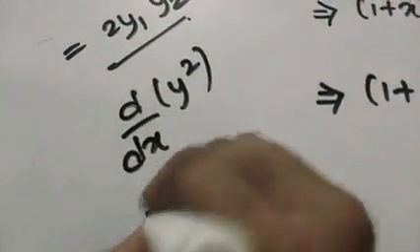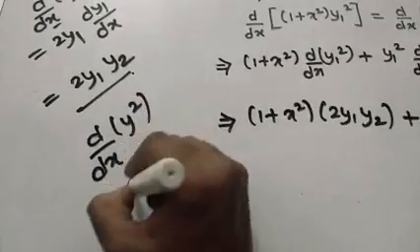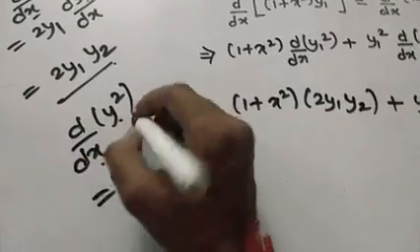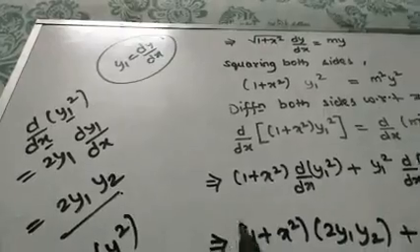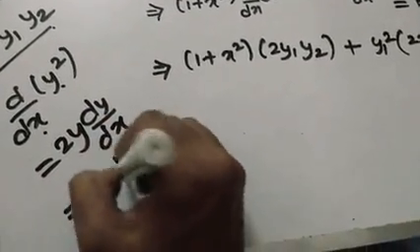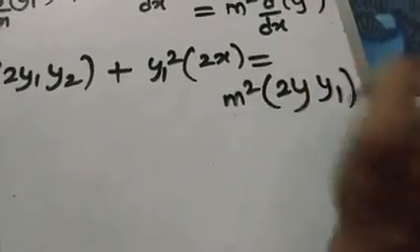This was a term. d/dx of x square is 2x, d/dx of y square is 2y, this is y, this is x, these two are not same, so dy by dx, and dy by dx we know means y1, so we write 2y y1. Clear?